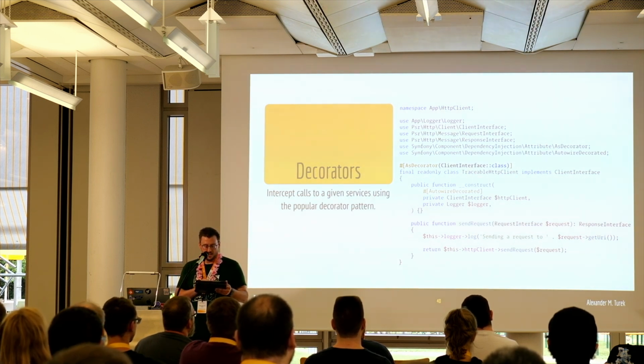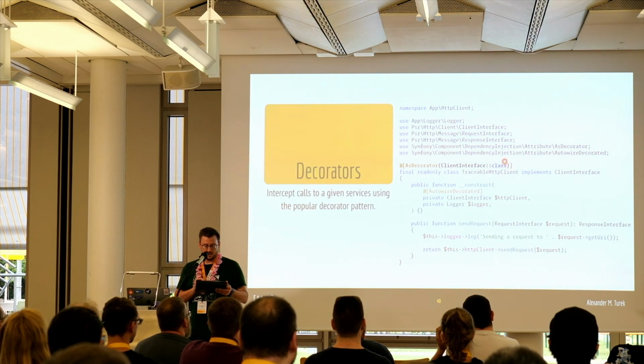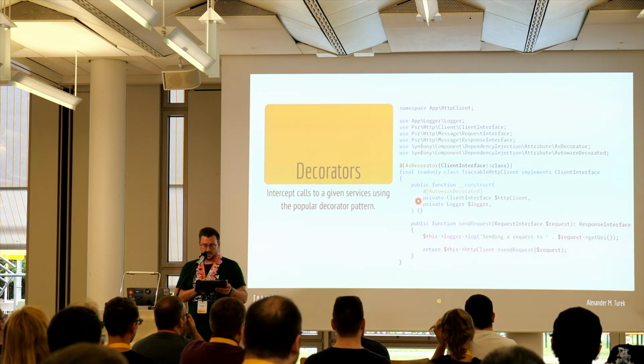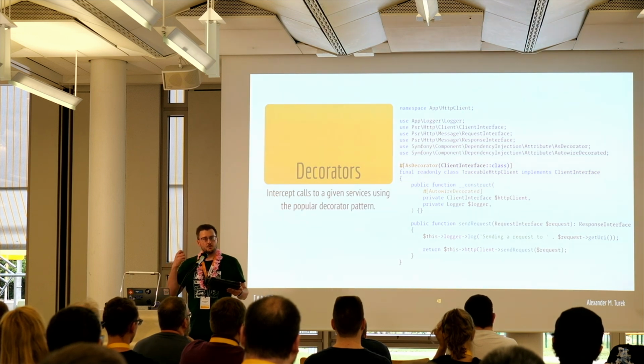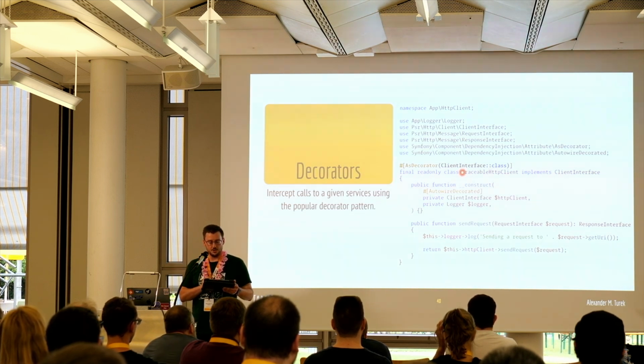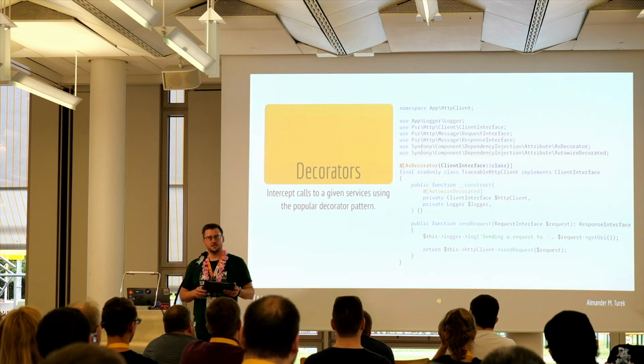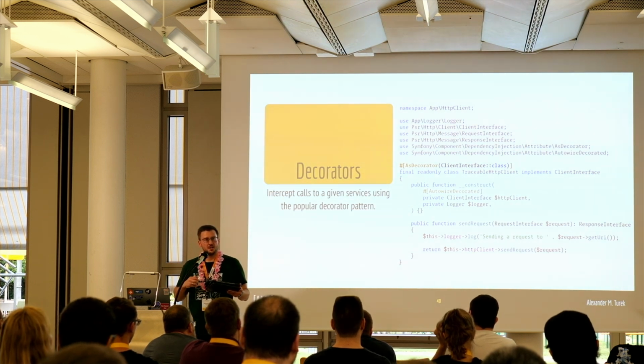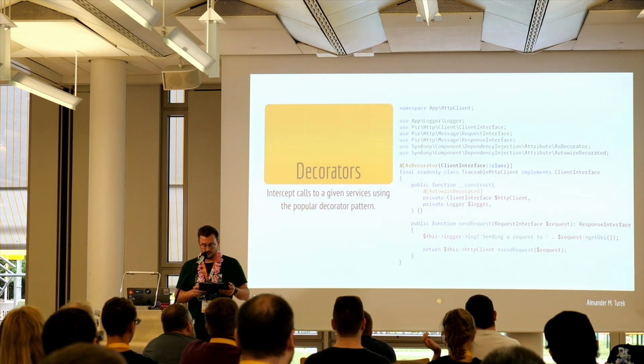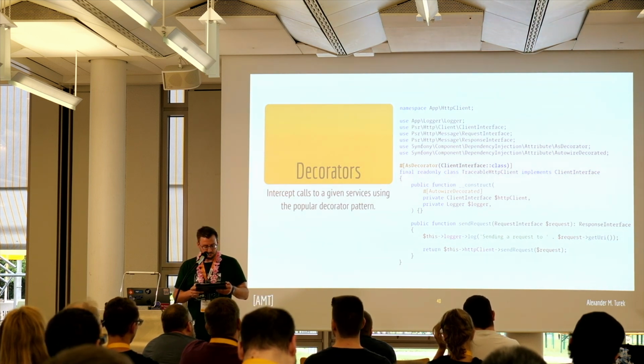And the actual service is being injected here. So whenever somebody wires or auto-wires this HTTP client, it will actually receive my decorator, and I can intercept all the calls that are being made to this service.